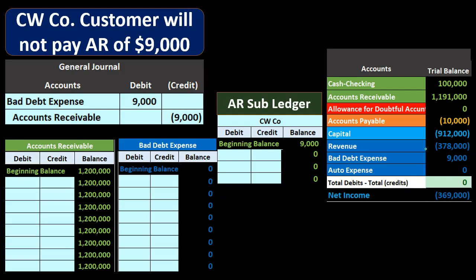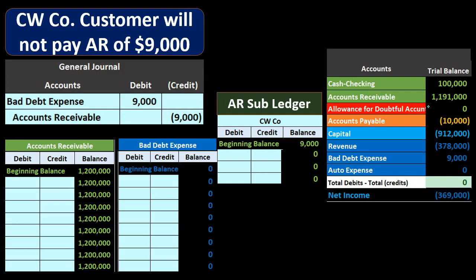It also gives us an ability to distort net income because we can make a decision at the end of the time period to write it off or not. Maybe we wait until the next year or not. Whereas if we use an allowance method, an estimating method, then we have to make some type of reasonable estimate. So those are going to be the pros and cons between the two methods.